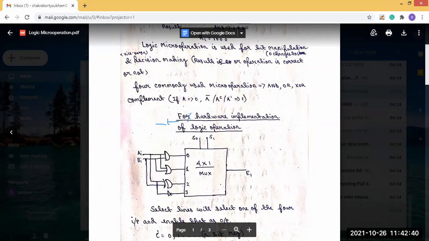Now, the hardware implementation of the logic operations is like this. Here you see a 4 into 1 multiplexer. In this 4 into 1 multiplexer there will be 4 inputs and 1 output. Each of the 4 inputs is for one specific operation.